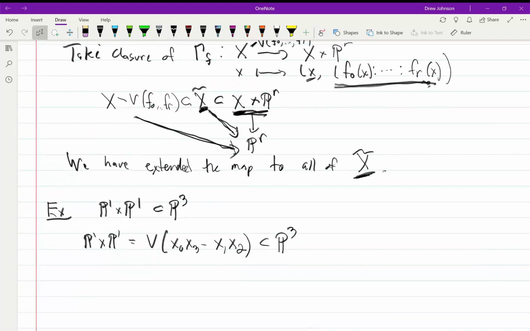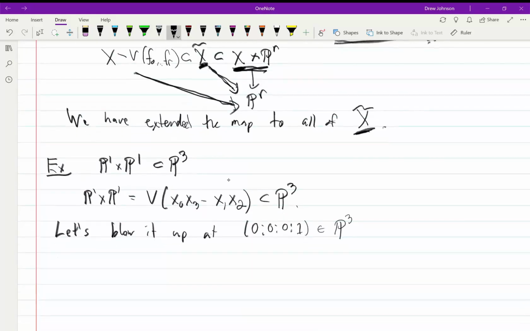I think we've talked about this before, and let's blow it up at the point 0, 0, 0, 1 in P3. Okay, so we'll pick our functions to be x0, x1, x2, and so we're blowing up at those functions there.